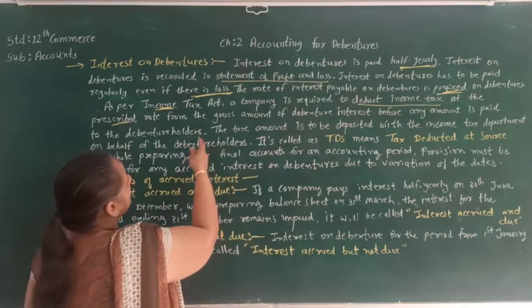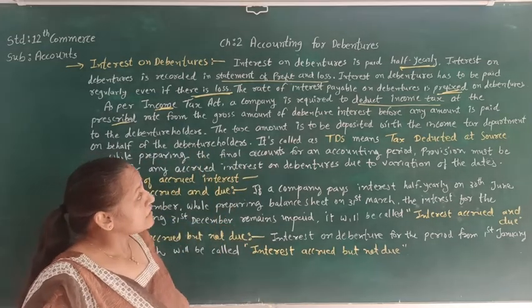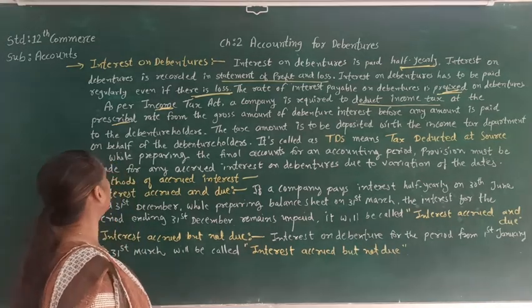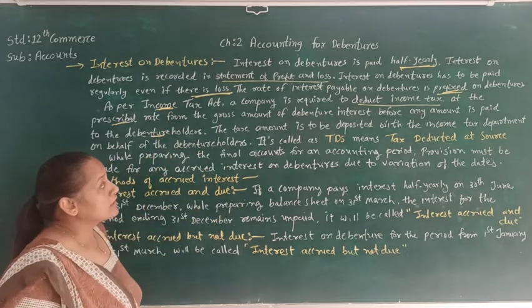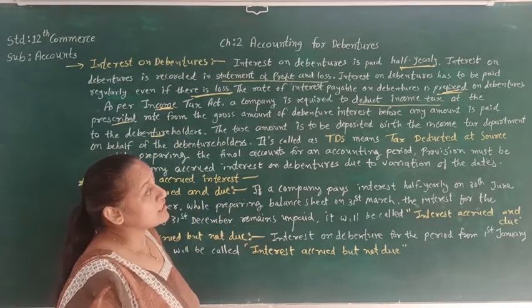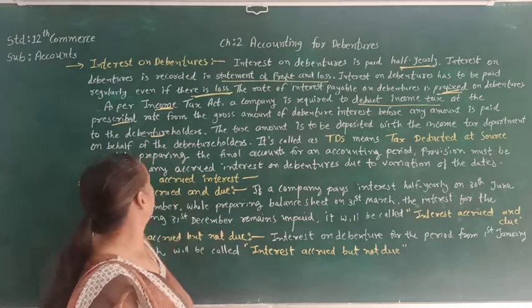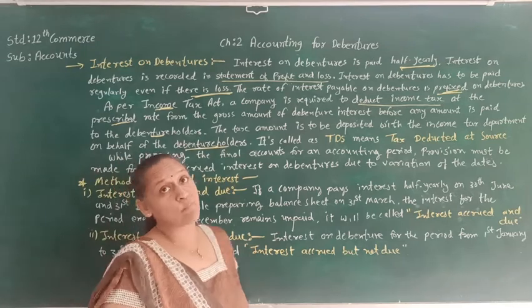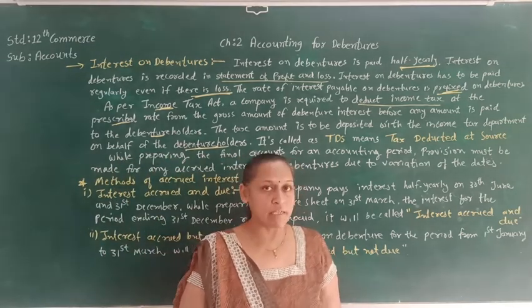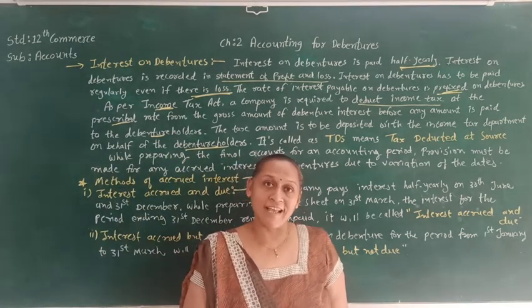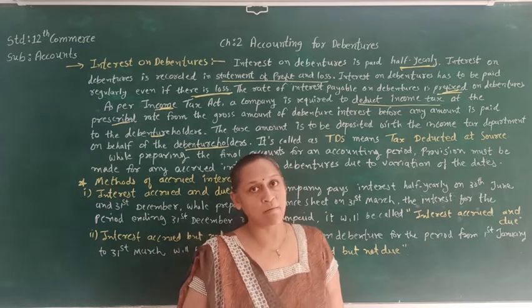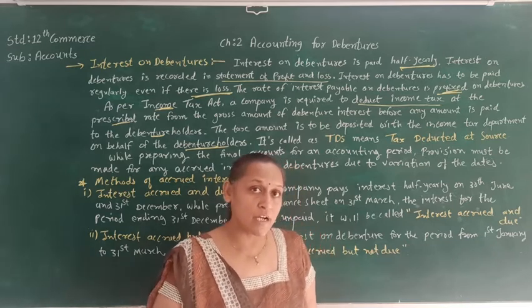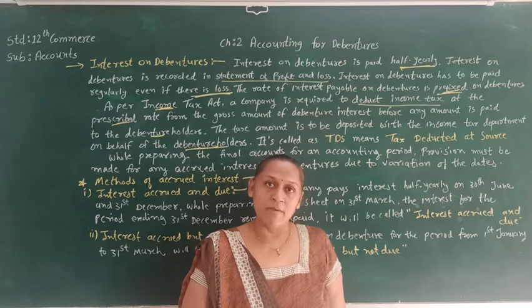From the gross amount of debenture interest, before any amount is paid to the debenture holder, the tax amount is to be deposited with the income tax department on behalf of the debenture holder. So the company is paying tax on behalf of the debenture holder. This is the tax of the debenture holder that is paid by the company, so that is supposed to be cut from the interest of the debenture holder.